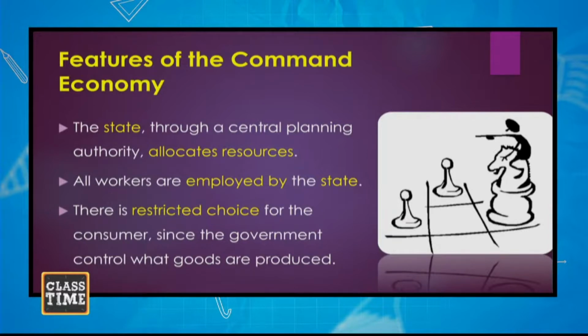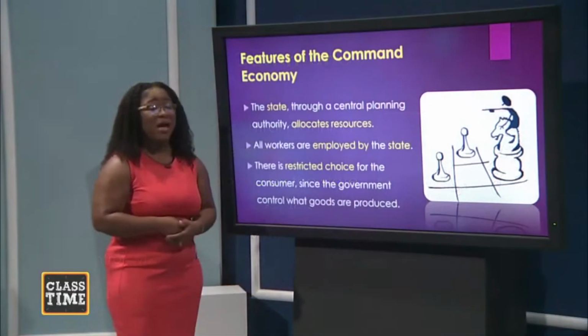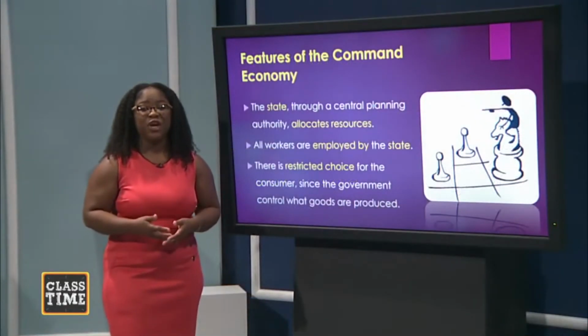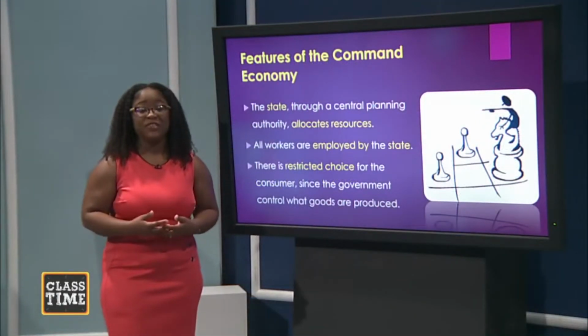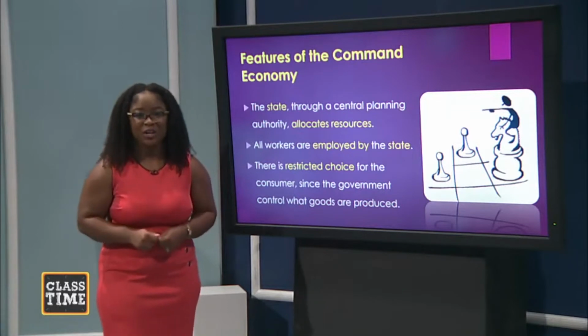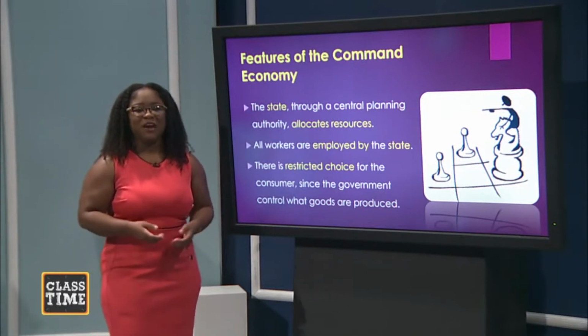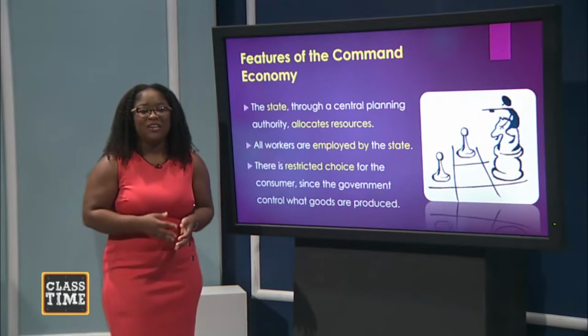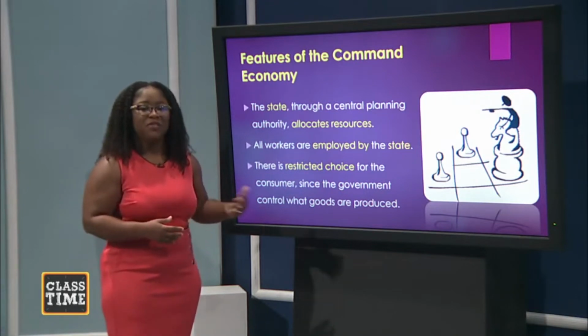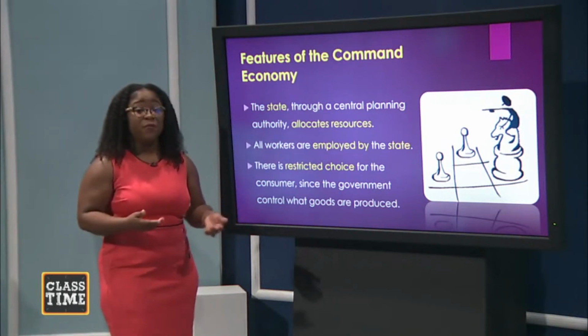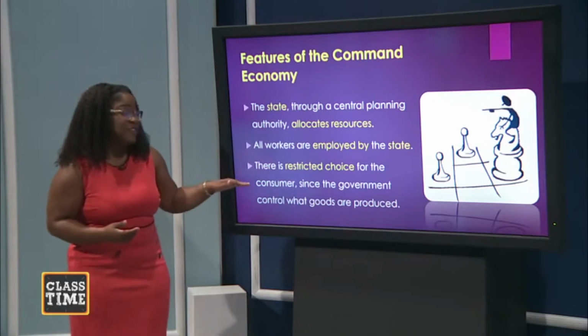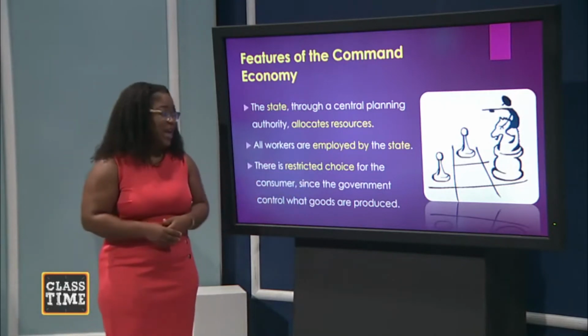And that is exactly what exists in most command economies. There's a provision of goods and services that are considered to be the essentials. So other things that are considered to be wants are not necessarily provided within these types of economies. Therefore, we say that one characteristic is that there's a restriction on choice.